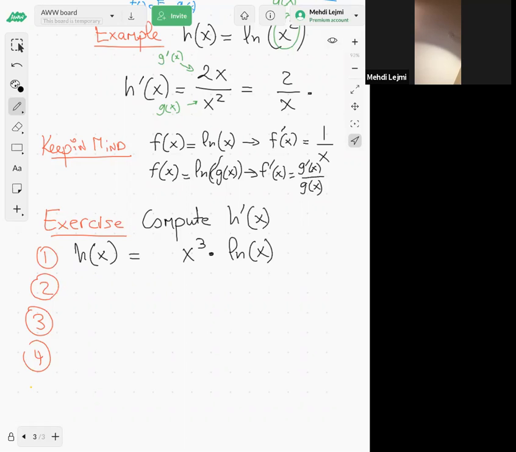Number two, h of x is equal to x minus x squared over natural log of x minus 1.